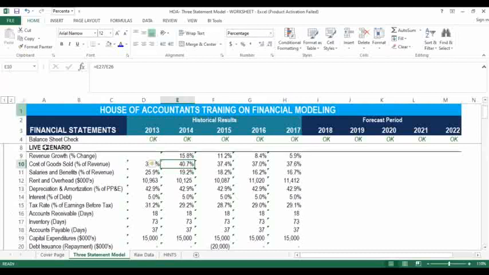Then you look at the depreciation, or let's look at the rent. The rent is kind of stagnant. Somehow the difference is not that much. Then the depreciation was stagnant as well. Interest, stable. So it means they didn't have additional debts. The debt they have is still the same thing they are servicing.